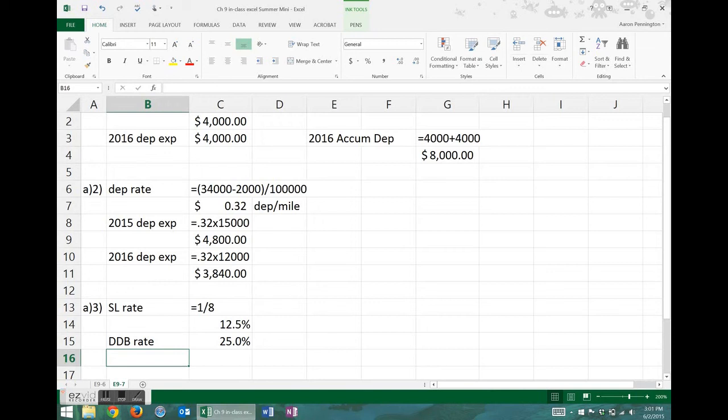Okay. Now at this point, we can compute the 2015 double declining balance depreciation expense, which looks like this.